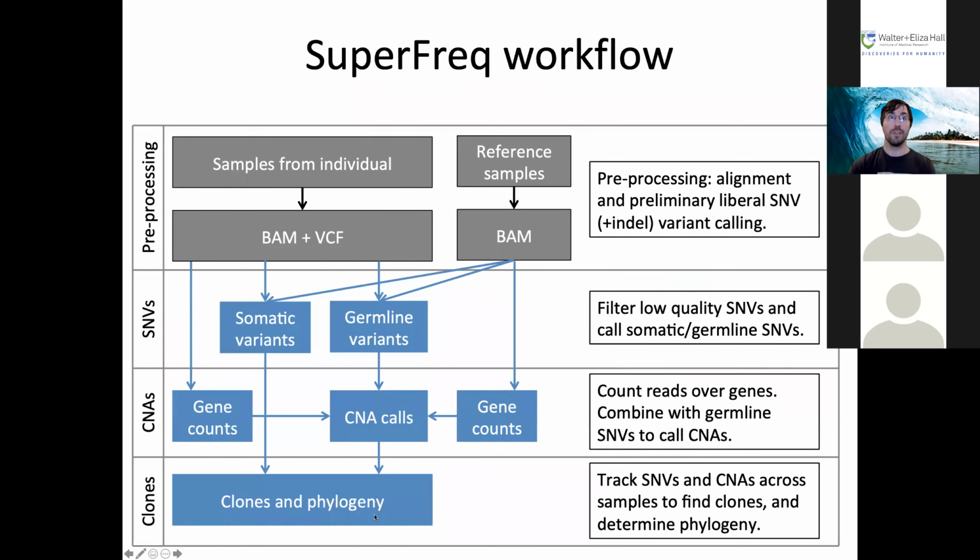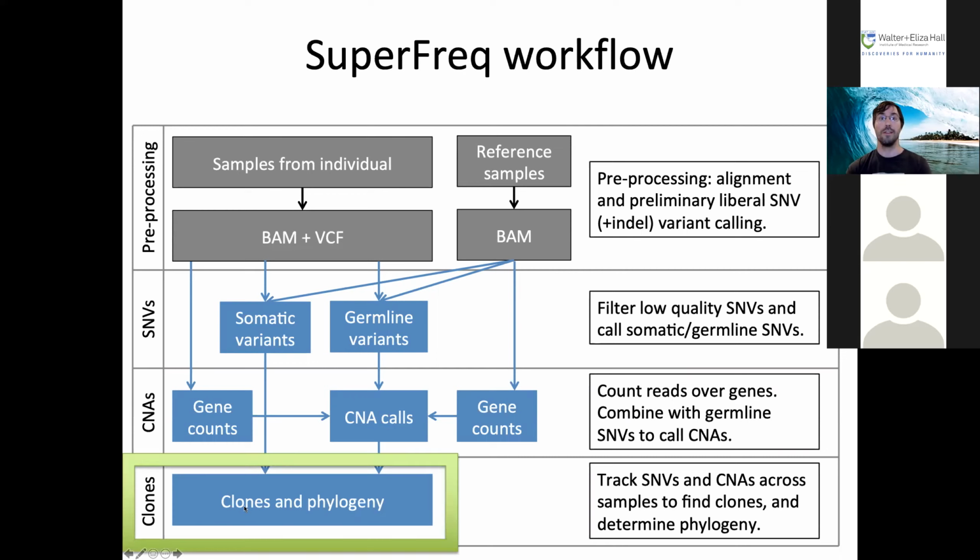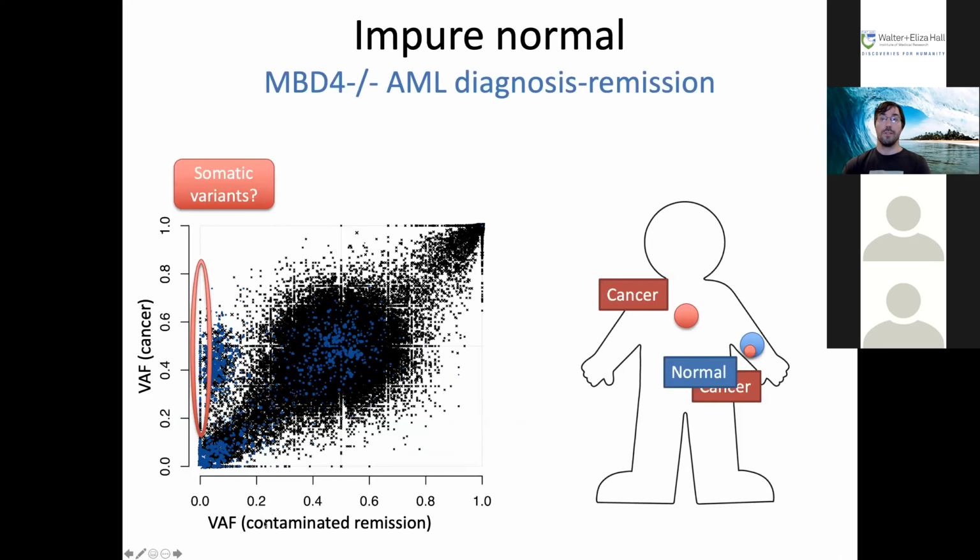So the way that we deal with that is that we move down to clonal tracking. When you perform clonal tracking on two samples, it essentially boils down to clustering the samples here.